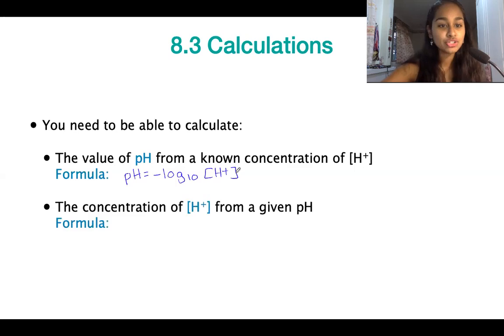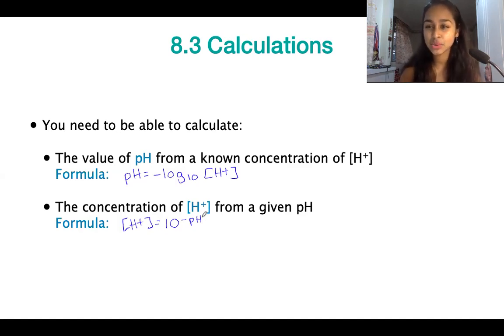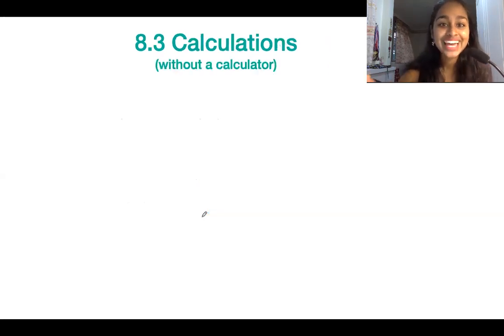And you also need to be able to work out the concentration of H+ from a given pH, so H+ equals 10 to the minus pH. These are two formulas that are well worth getting familiar with, because calculation questions come up quite a lot with regards to acids and bases.